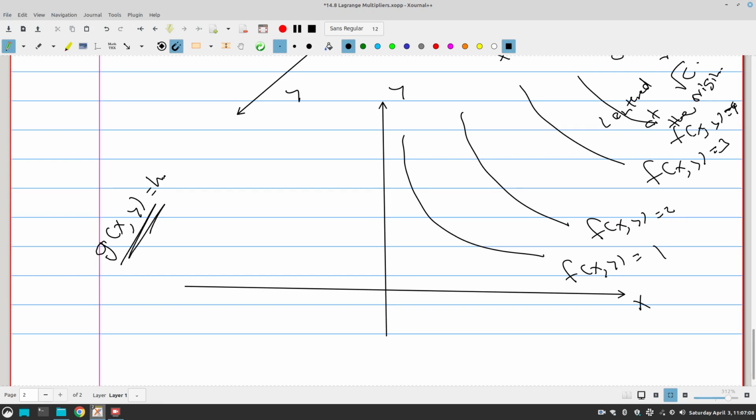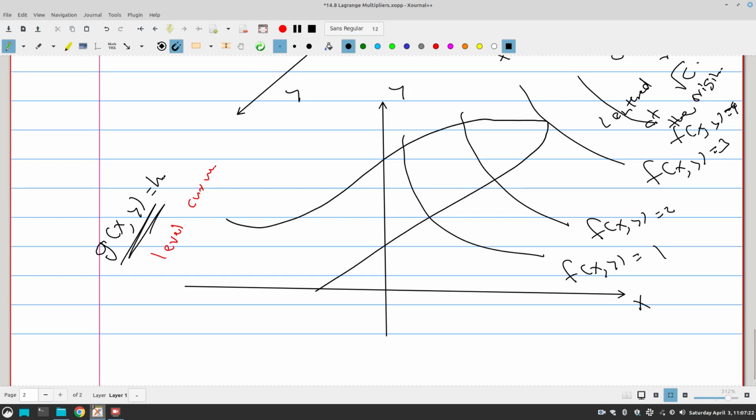And notice that this also has the form of a level curve. So let's draw this level curve here. Let's say this looks like this. This is the level curve g of xy equals k.